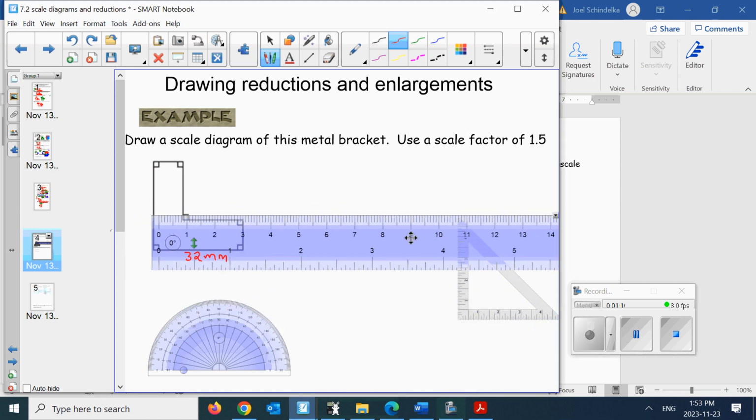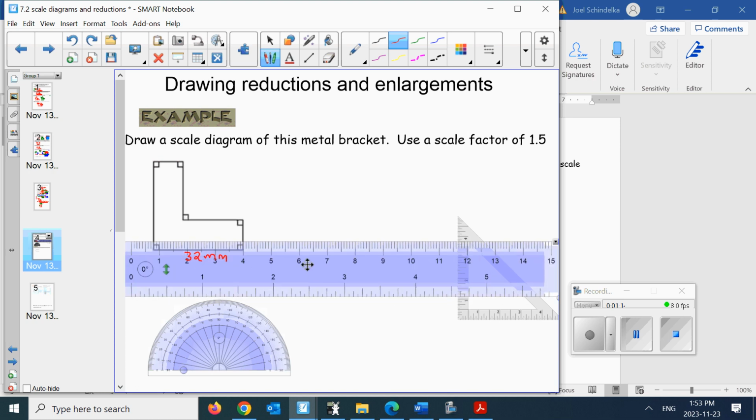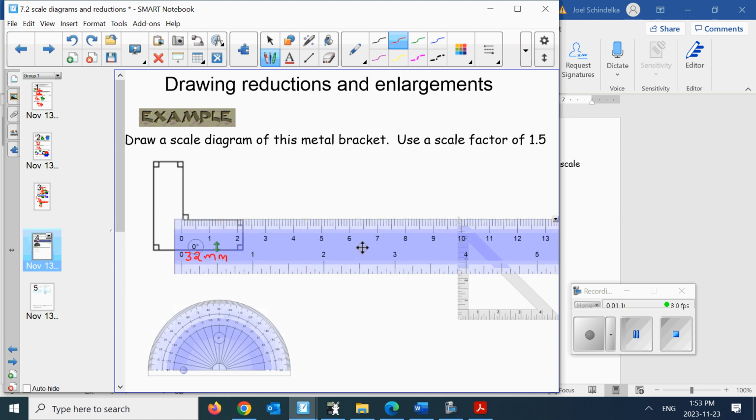Okay. I'll measure, you'll measure. Somebody tell me what they get for the one I'm measuring right now, because my video screen might be a little out. You getting 21? Okay, that's what I'm getting.